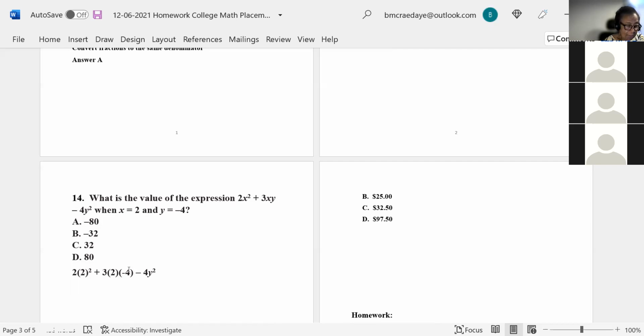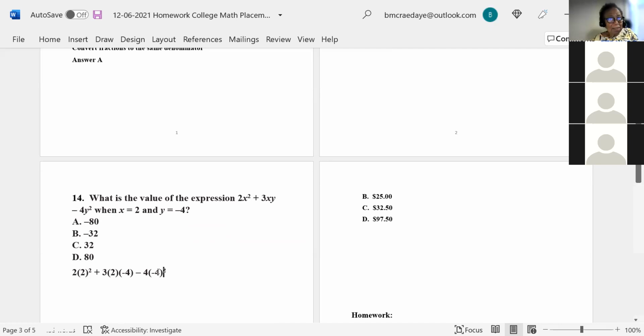And for the 4y squared, the y becomes a minus 4, and that's squared. So Alva, you should have 2 times 2 squared plus 3 times 2 times minus 4 minus 4 squared.